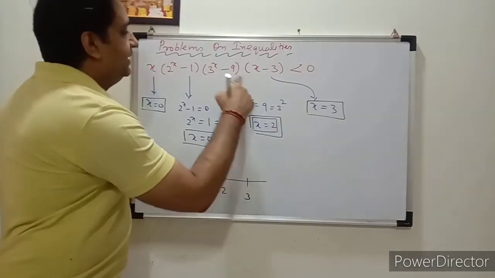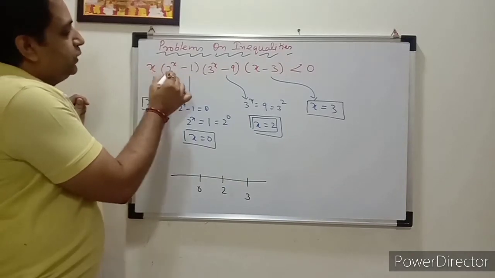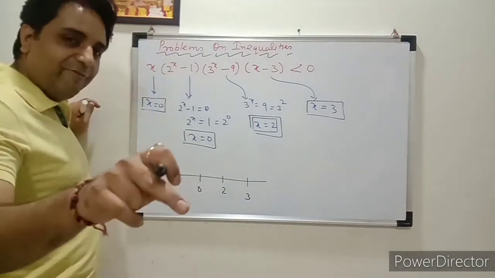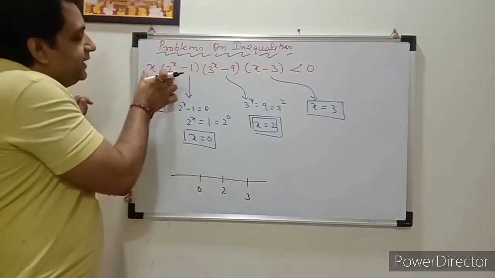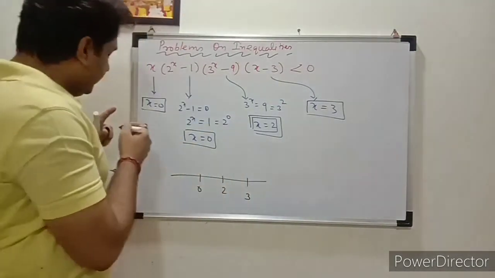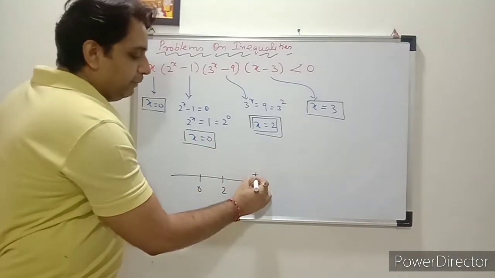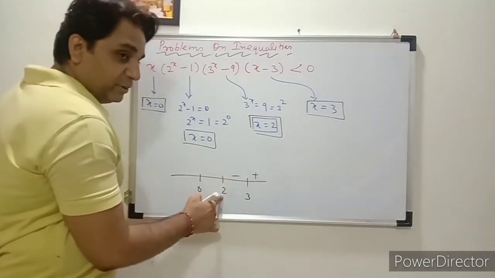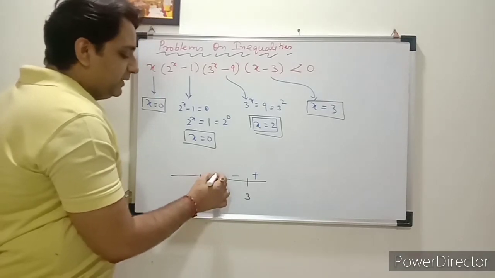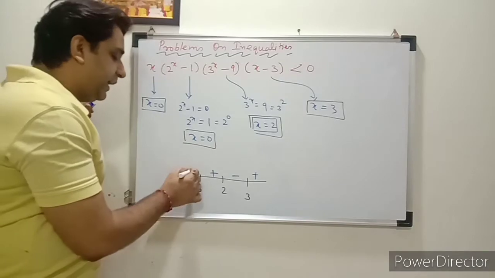What about 2 and 3? These are odd brackets, all are odd brackets. But x and 2x - 1 give the same value of x, so we are considering it an even power bracket. Correct? So the sign will change at the odd ones and will not change at the even power bracket. So we need to write plus, then it changes to minus because it is an odd power bracket, and this is plus. But this is the even power bracket, so the sign will not change.